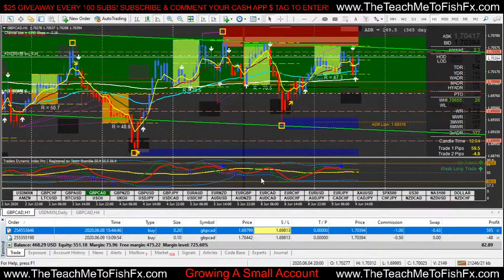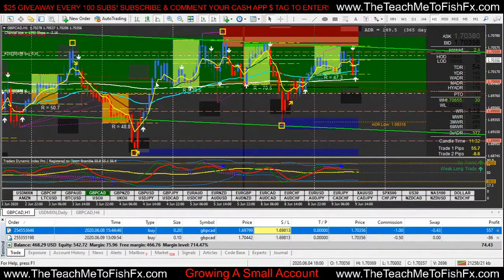I think I may have placed it backwards. Here we go. All right. And so green is for when the market is in buying conditions, where the conditions are favorable for buying, and then the red is for when the conditions are favorable for selling. All right.